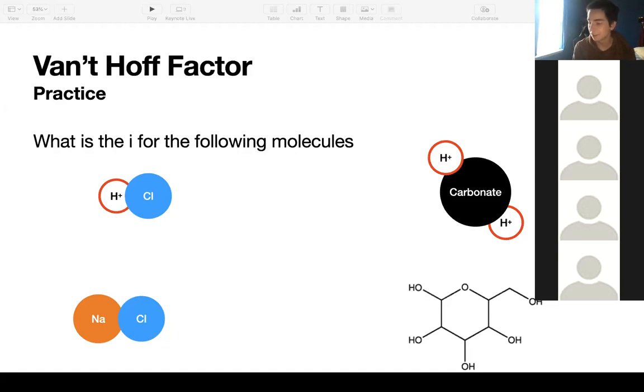I'm confused. Can you please help me? Yeah, of course. So we know NaCl will dissolve in water, and when it dissolves, it'll carry the electrons onto the Cl, and our sodium will become positively charged. So the Van Hoff factor really is how many different ions do you see here in this box?